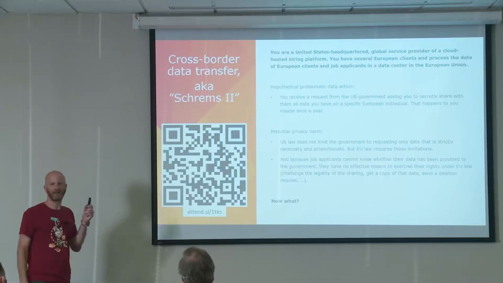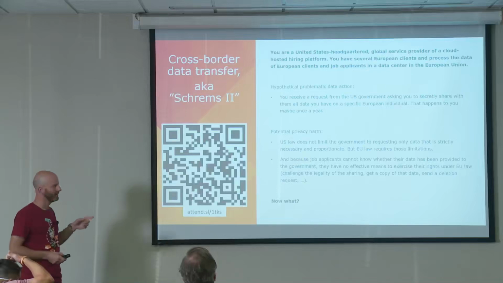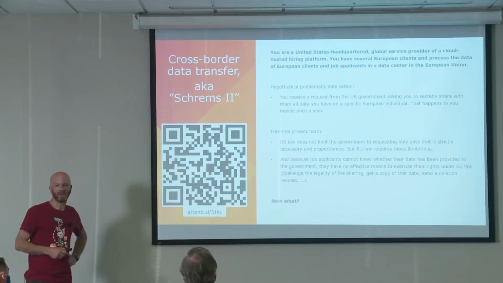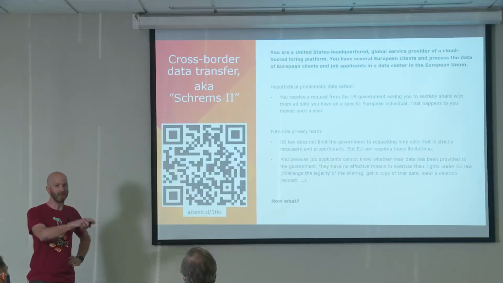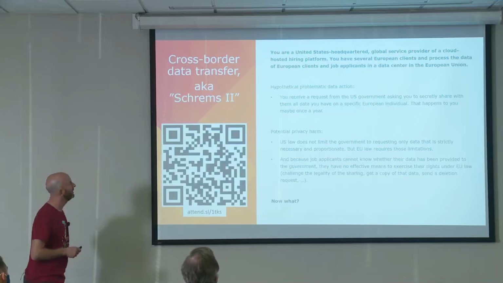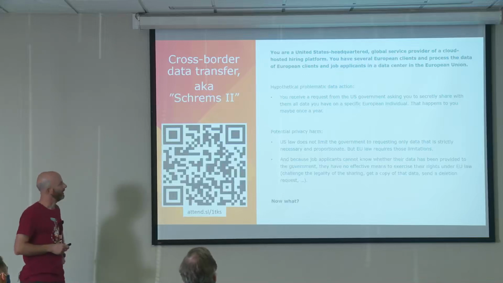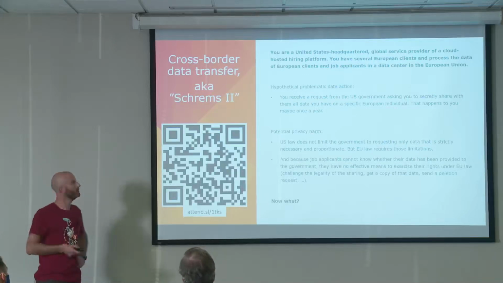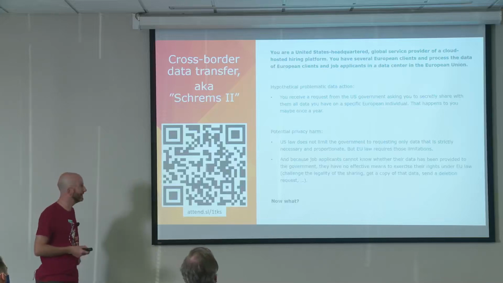So here's the hypothetical problem we're trying to model. It could happen that you receive a request from the US government that says, hey, give me all the data you have about this one person in Europe that has used your platform. And you think that maybe happens to you once a year. The potential privacy harm we're looking at is this.